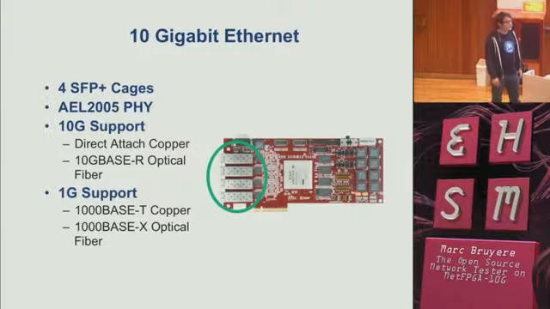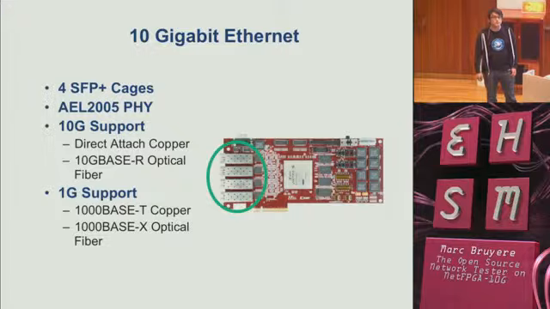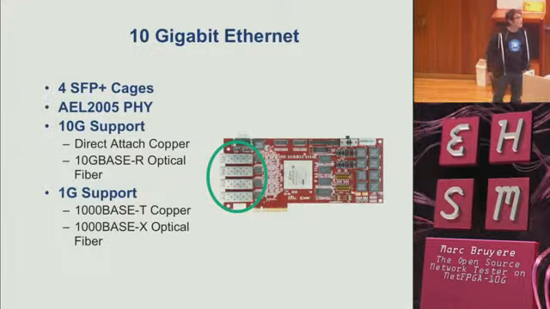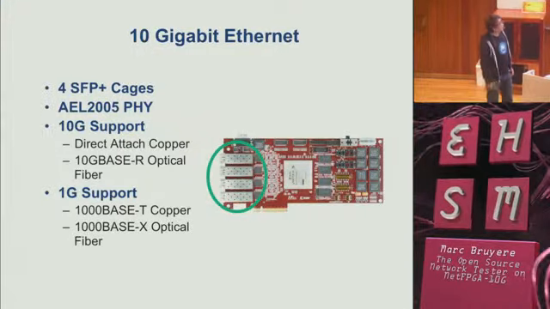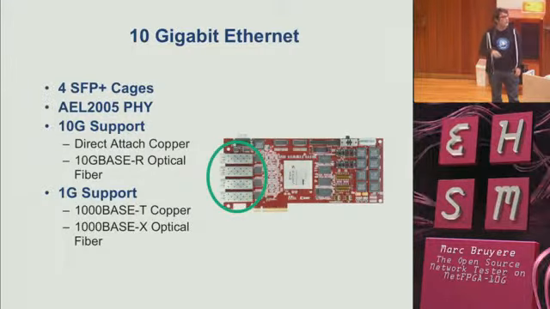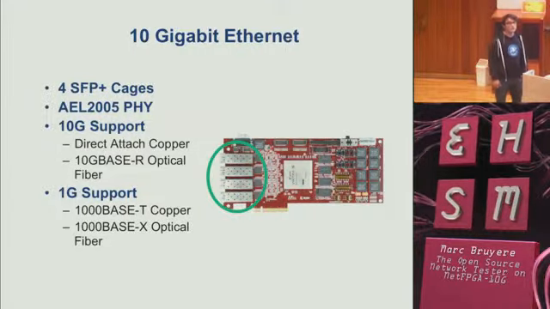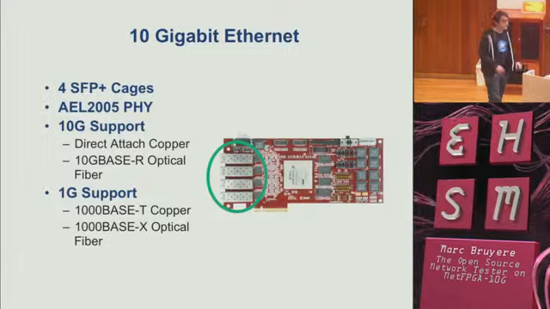We have 4 SFP+ cages, where you can place different SFP+ transceivers. You can have direct attached copper cable, or you can plug different optical fiber transceivers for 10 gig or 1 gig.